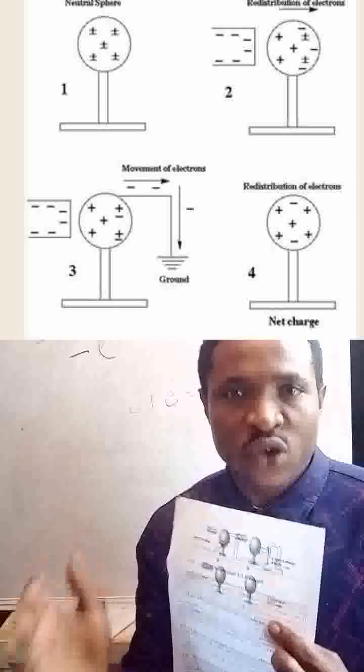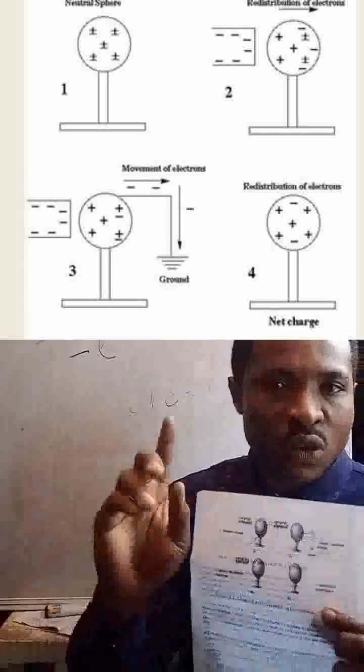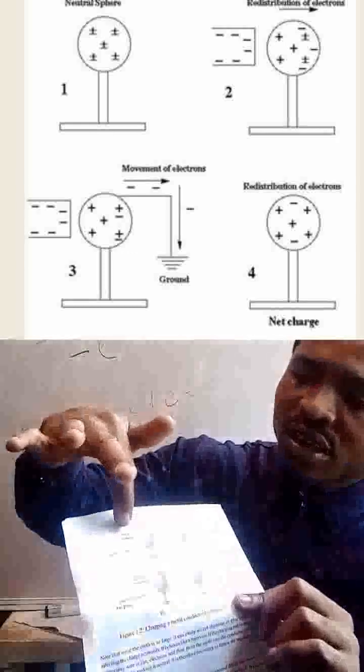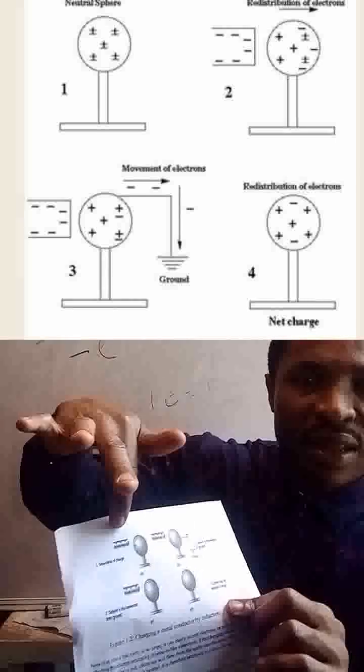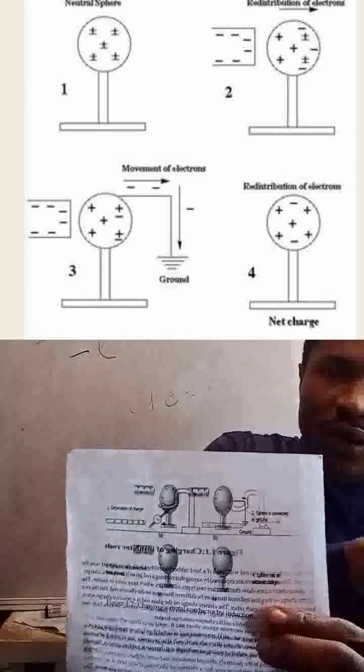An insulator is electrically neutral. But when you bring a positively charged object, see what is going to happen. This positively charged object is going to repel every positive charge in that insulator and attract every negative charge to it. So it's going to attract all the negative charge towards it, and repel all the positive charge towards the other end of the object.